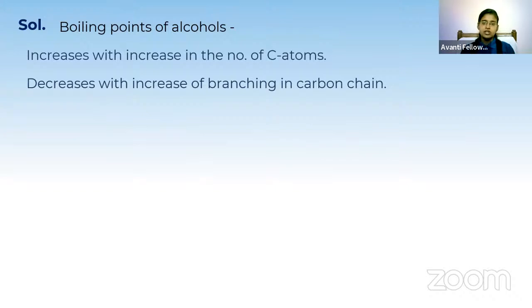Okay. So first of all, you have to check for the first rule. If the number of carbon atoms is very less, boiling point is very less. So if you use this relation, you will get methanol will have the least value compared to ethanol, because here we have 1 carbon and here we have 2 carbons.